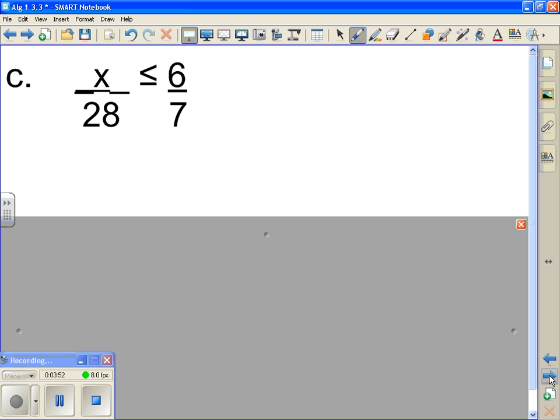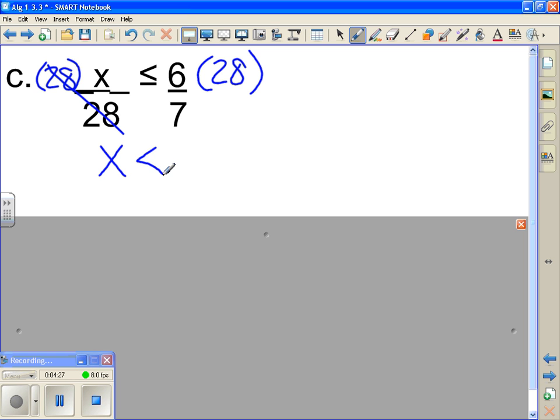You can use calculators if the numbers are too big for you. Okay, so in this one, what number are we going to multiply by? That's right, 28. We need to cancel out the 28 that's below the x.